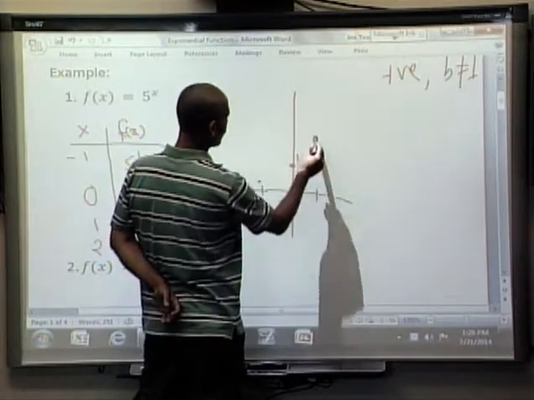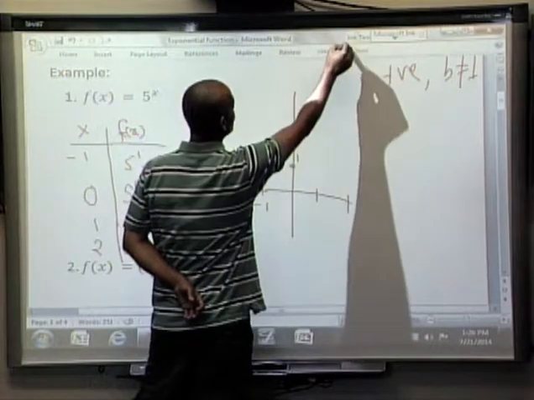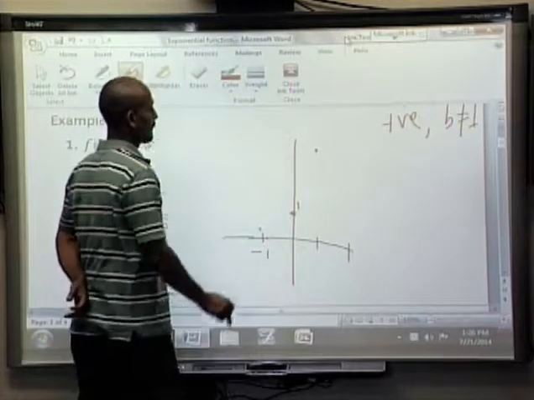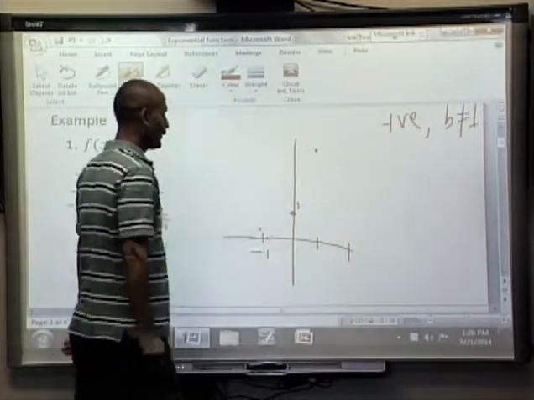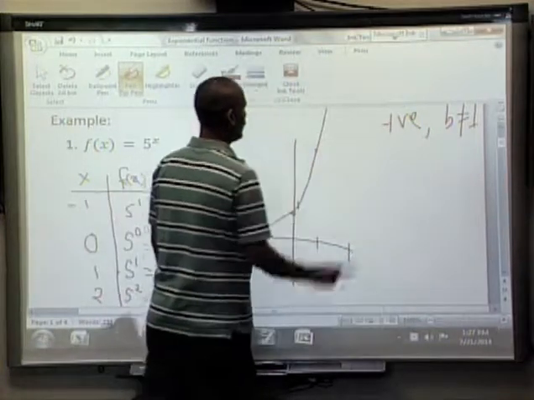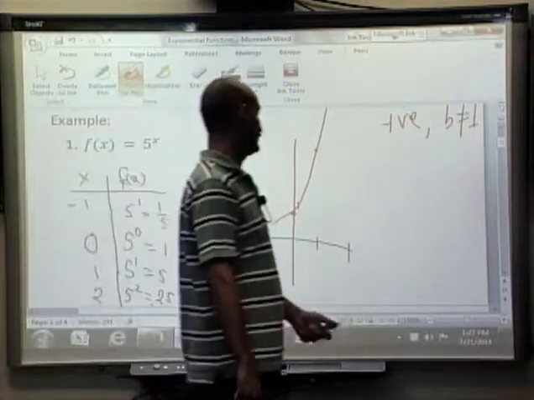When x equals 1, the function is 5, it reaches here. If x equals 2, suddenly it goes so far up, I do not even have space here. So the graph will look like this, a very fast growing process.